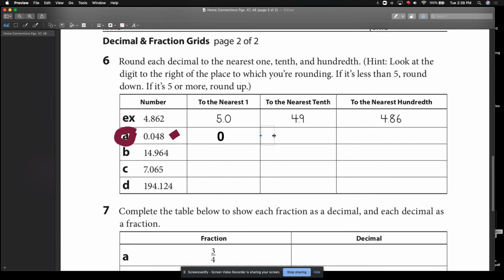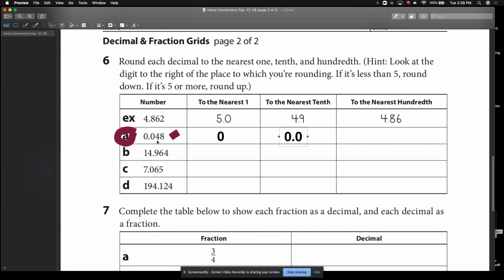When I want to round to the nearest tenths place, I'm looking at my tenths place, which is a 0. Then I look at the hundredth place, which is a 4. Since that is less than 5, my tenths place stays the same. So really, it becomes 0 wholes and 0 tenths.